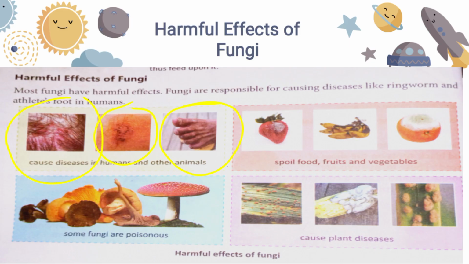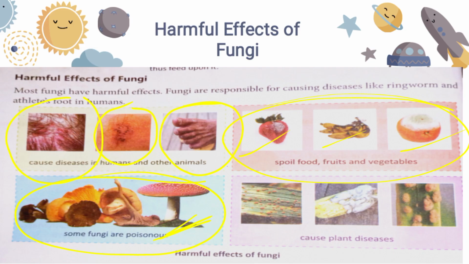Now you can see so many fruits: lychee, banana, oranges. What are they facing? The fungi problem. Why? Because they are getting spoiled by fungi. Some poisonous fungi are also there.